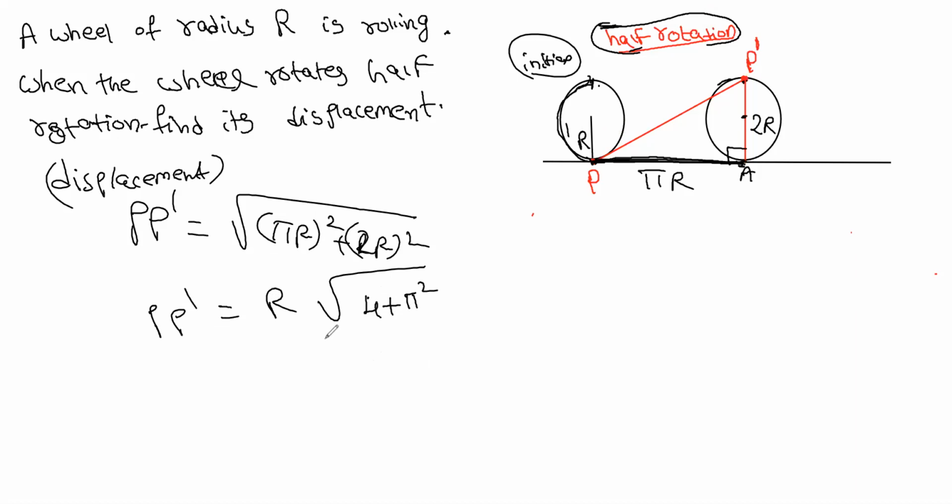Because of r square, you can take r outside, then pi square and 4 directly. So, noted down.